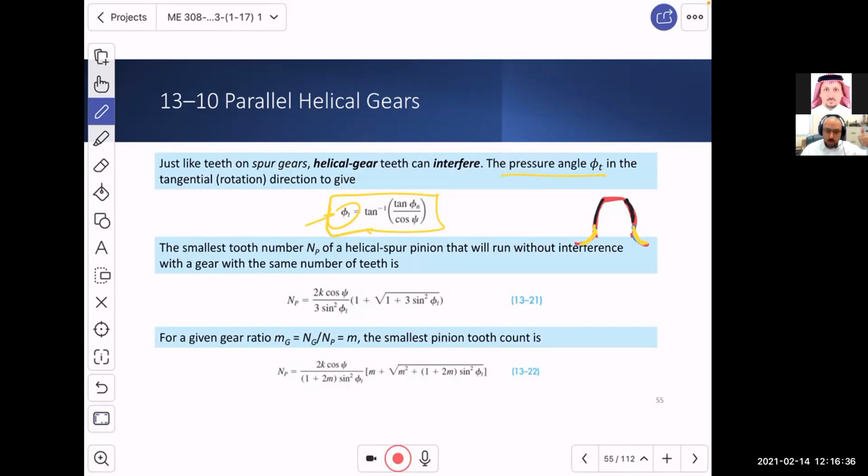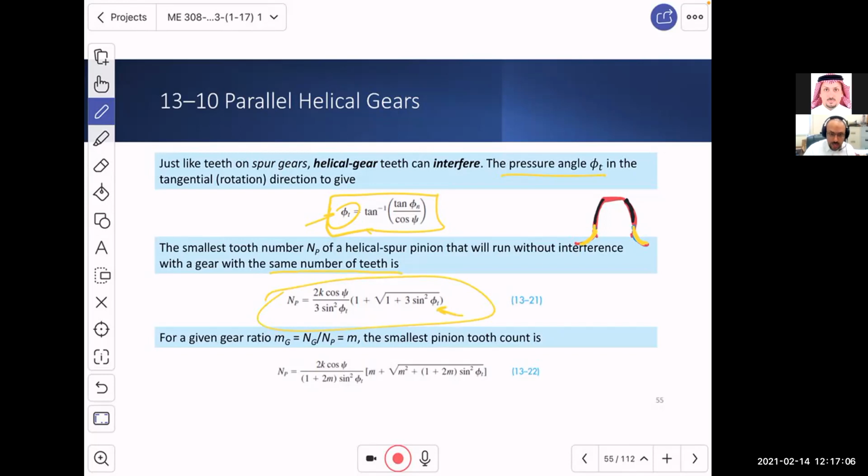First, we look into the pinion of a helical gear with the same number of teeth. That's what we said before with the spur gear, with 1-to-1 gear ratio. So here, the same number of teeth, then the equation, and even the equation is more or less very similar. I think the only difference here is the pressure angle, phi t, which is defined as this.